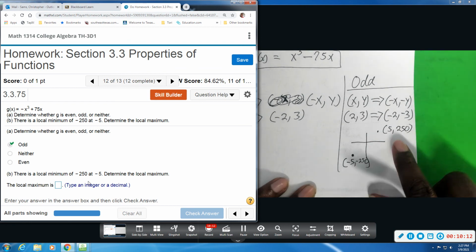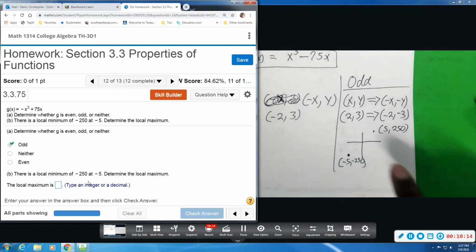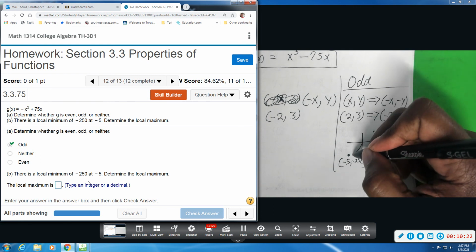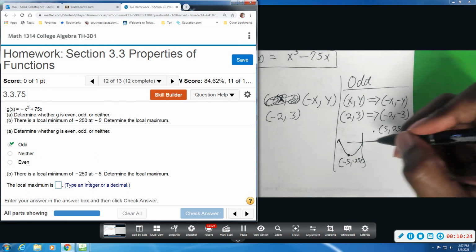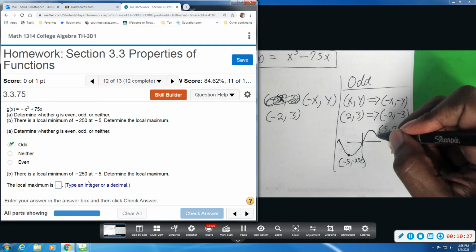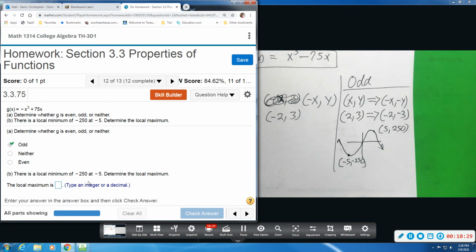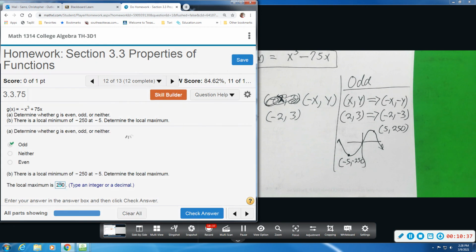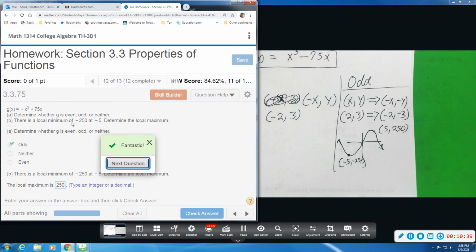This is just a property we get from symmetry. Since this is a minimum, this should be a maximum because everything should match. So maybe the graph is doing something like this. I don't know exactly, but something to that degree. And this is what we know. So we have a local maximum is 250. That's the high point because of the property.